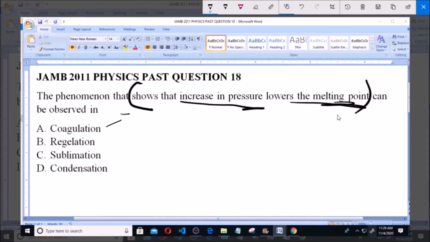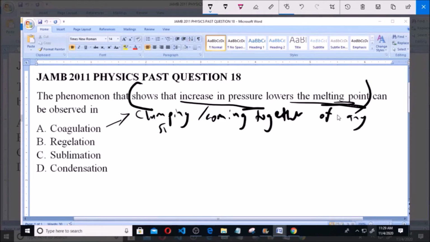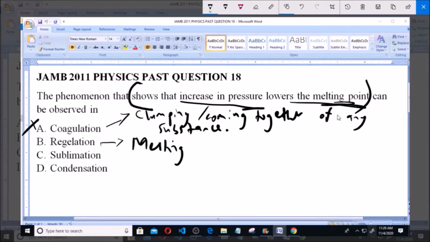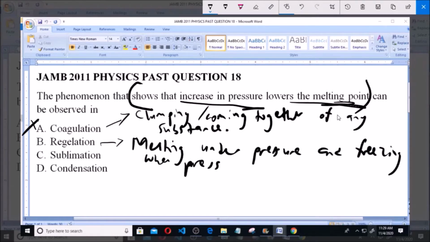Now, coagulation just refers to the clumping, coming together or aggregation of any substance. So it doesn't indicate anything about pressure and melting point, and this is not the answer to the question. Now option B says regelation. Regelation is the phenomenon that shows melting under pressure and freezing when pressure is reduced.